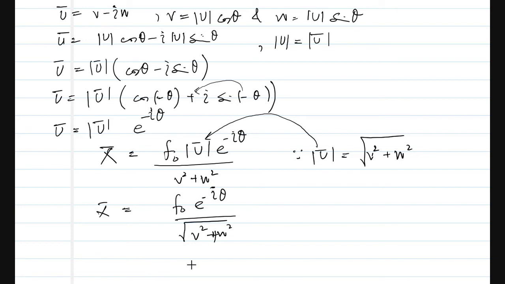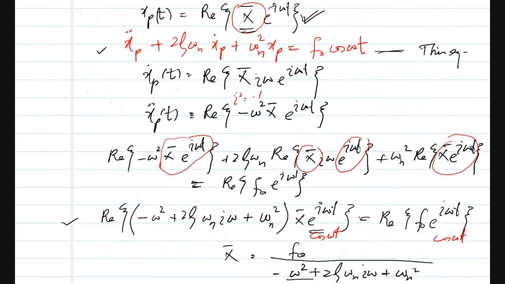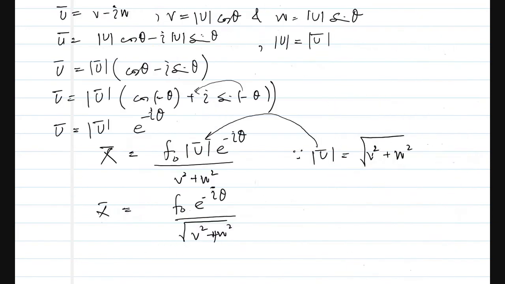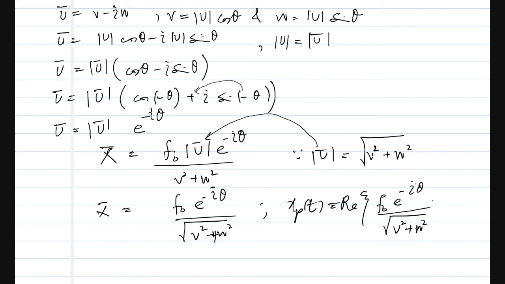Now if you put this value of x bar in this equation, it's x p of t, which is the solution that we assumed. So x p of t is equal to the real part of x bar, which is f naught e to the power minus iota theta divided by square root of v square plus w square, into e to the power iota omega t.